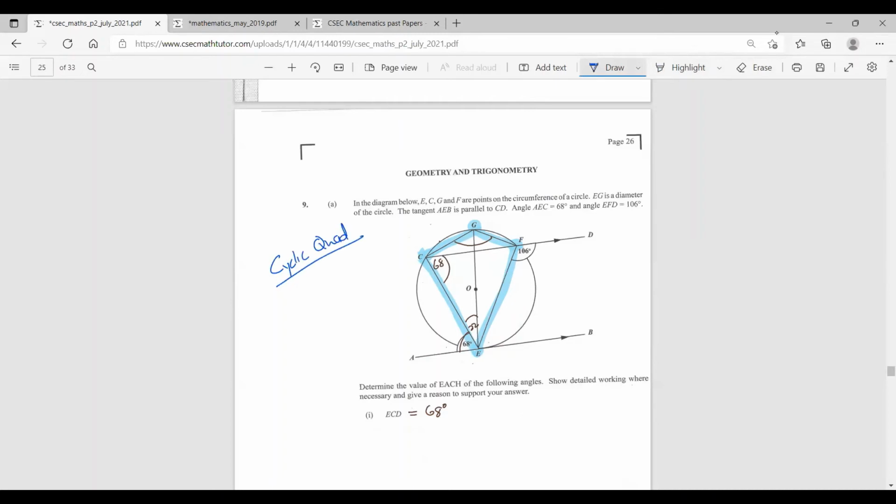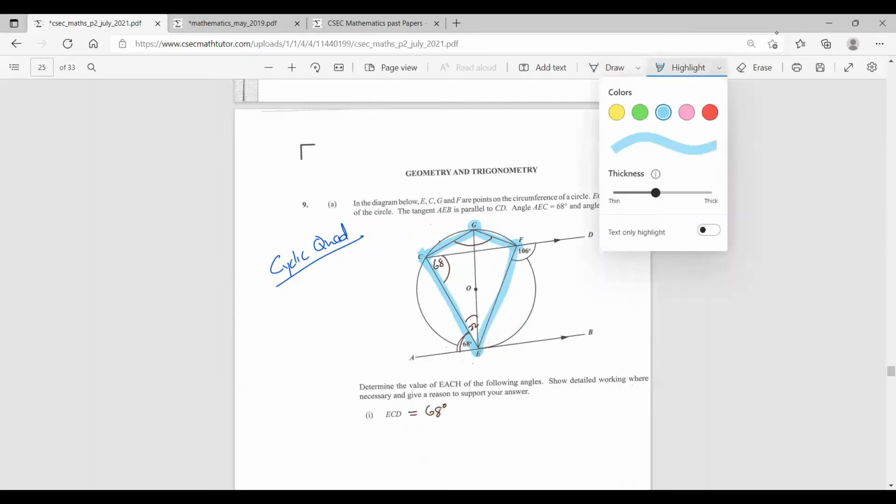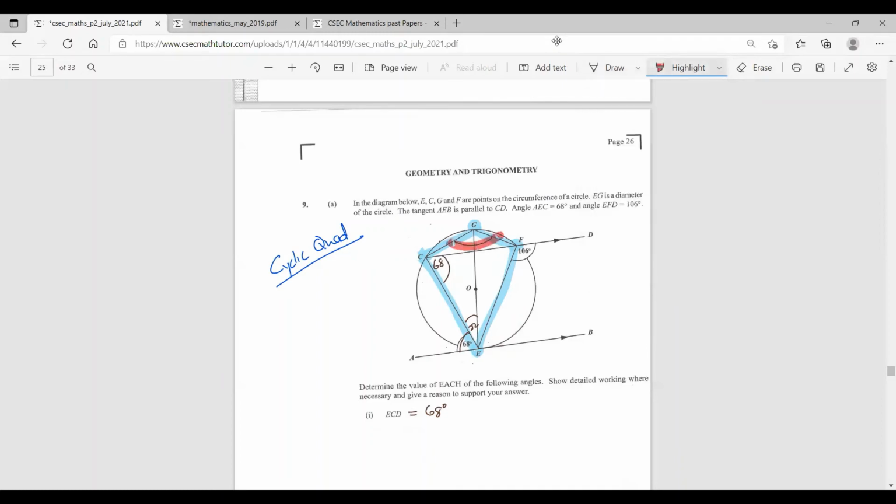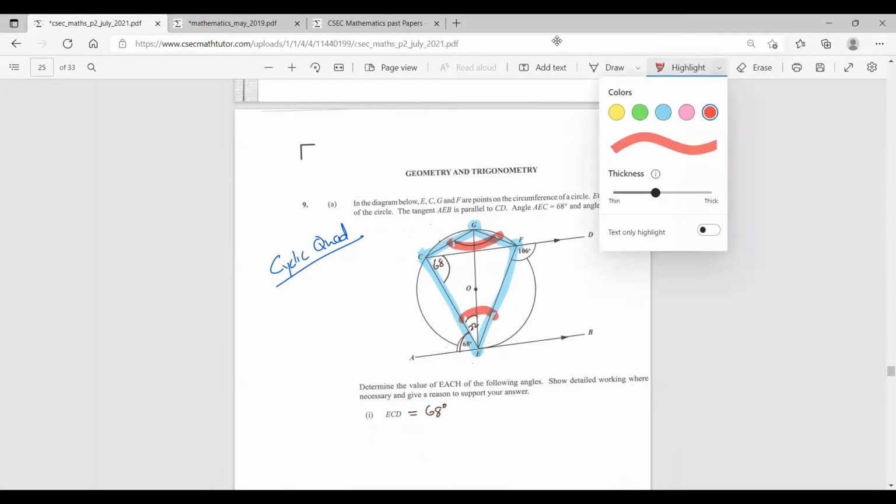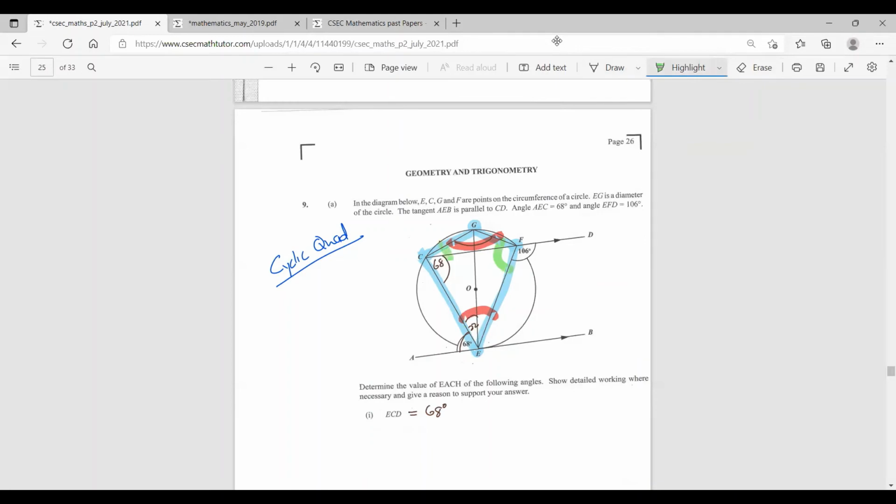And in a cyclic quadrilateral, these two are opposite and these two are opposite. What do we know about the opposite angles? Opposite angles in the cyclic quadrilateral sum to 180 degrees. So the 2 parts in red, when you add them up, should give 180 degrees. And the 2 parts in green, when you add them up, should give 180 degrees.